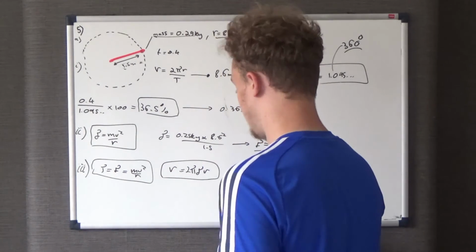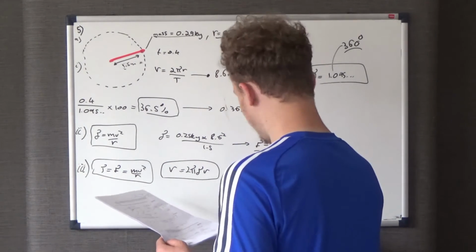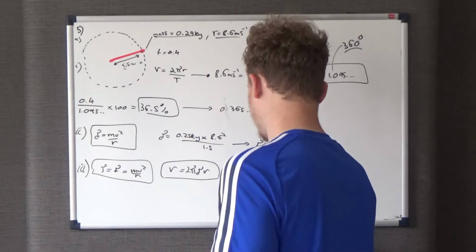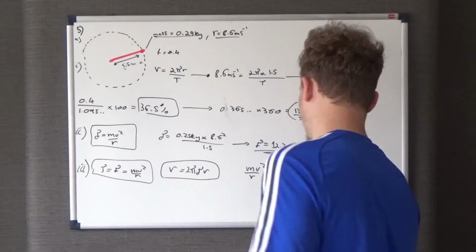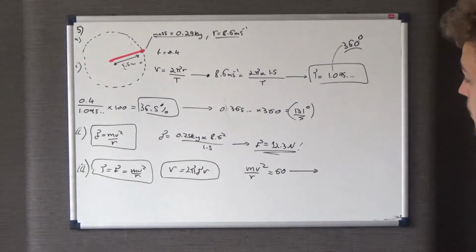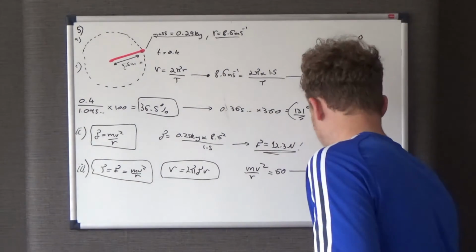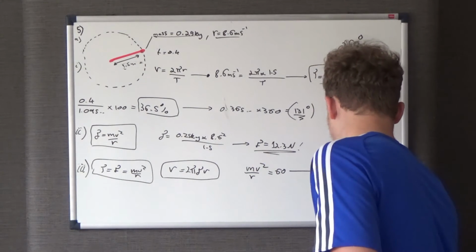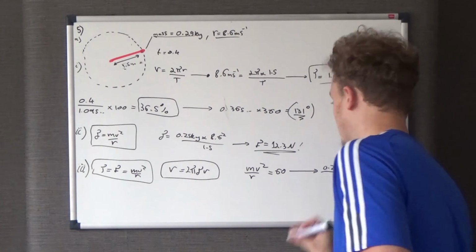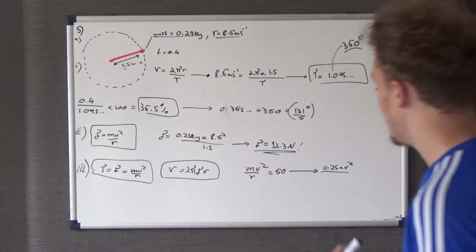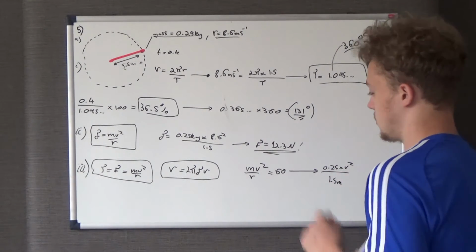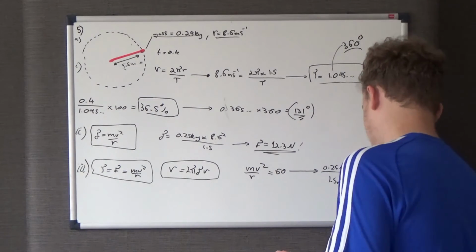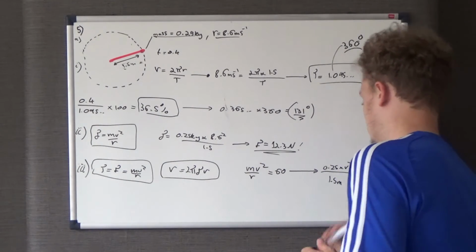So F equals mv squared over r, and we need mv squared over r to equal 60 newtons. We know m and we know r. We know m to be 0.25 kilograms, so it's 0.25 times v squared over r, which is 1.5 meters, and that's equal to 60 newtons.